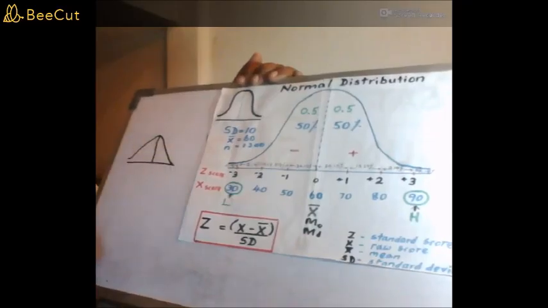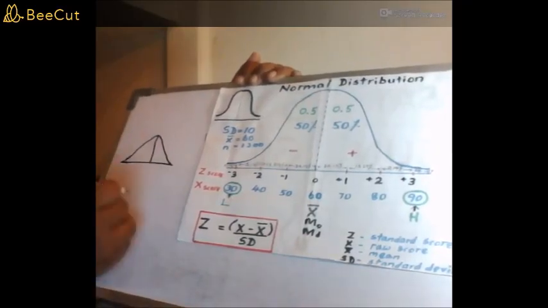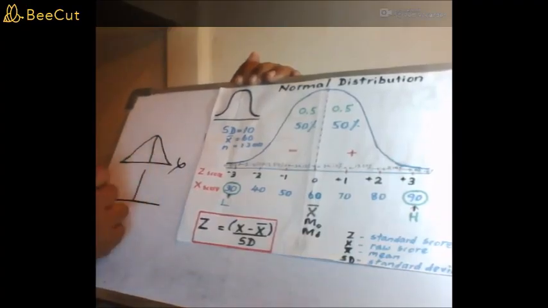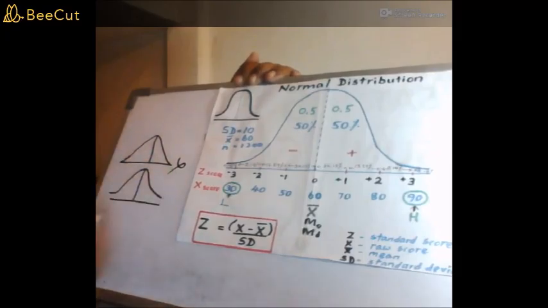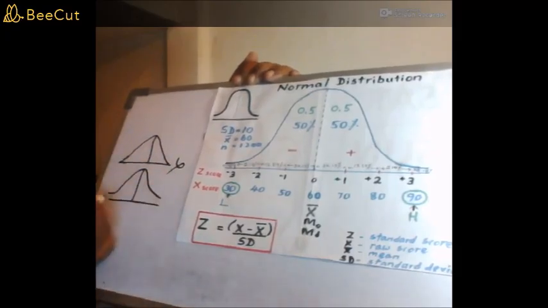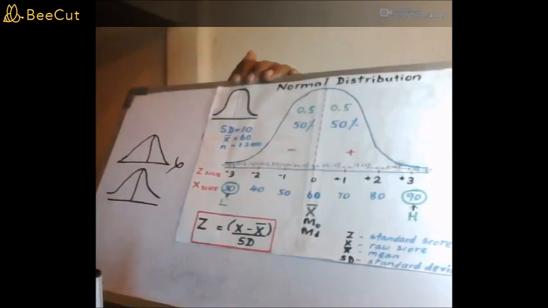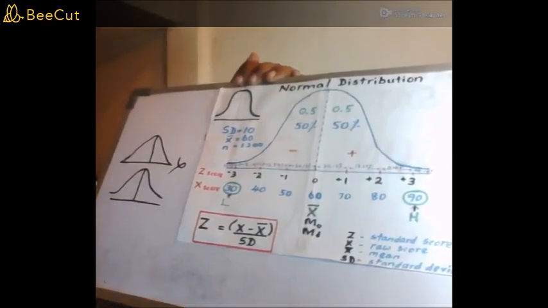Here, now it touches. This is wrong. That's not the assumption. What's the assumption? The curve does not touch the x-axis. Remember the polygon? The polygon should touch the x-axis.